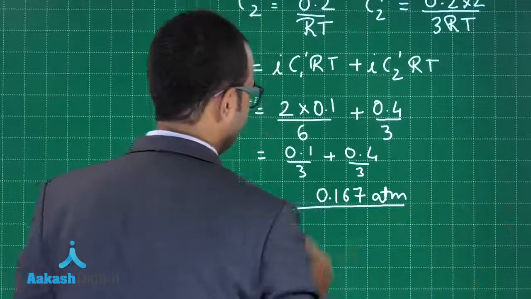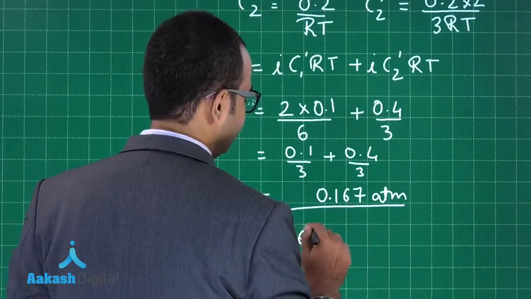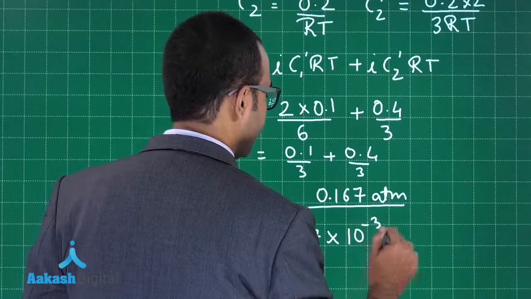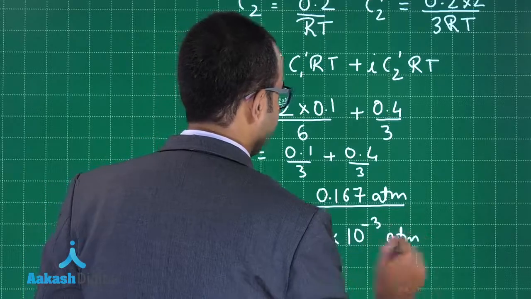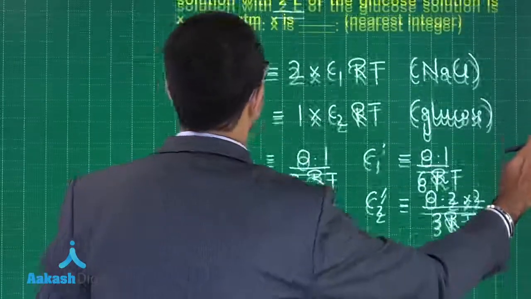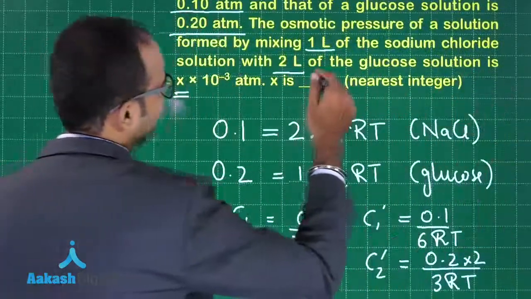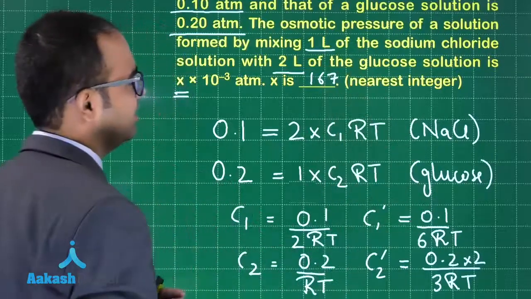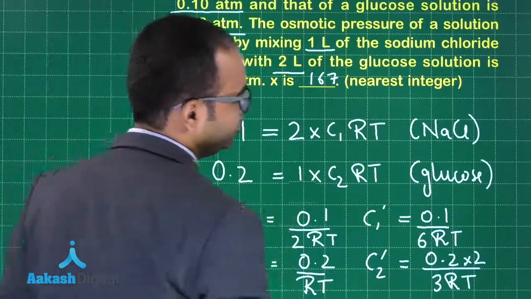So the answer would be 167 into 10 to the power minus 3 atmosphere. So your answer over here is 167, guys. So the value of X over here is 167.